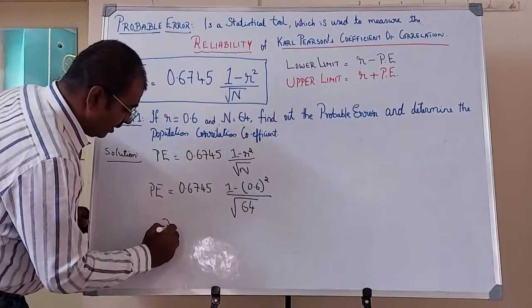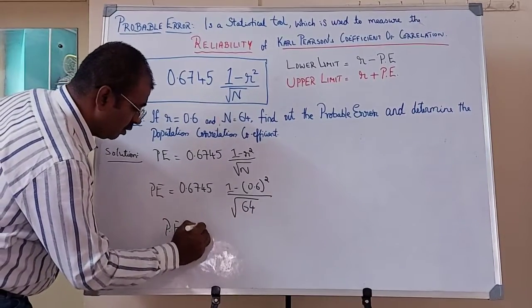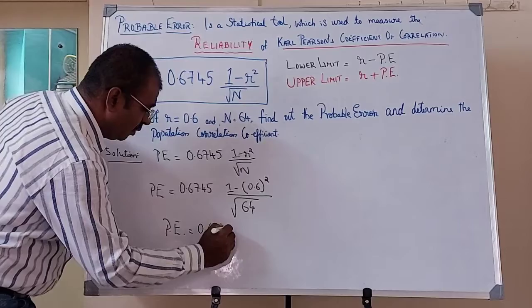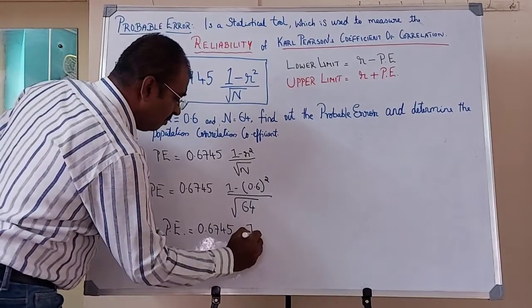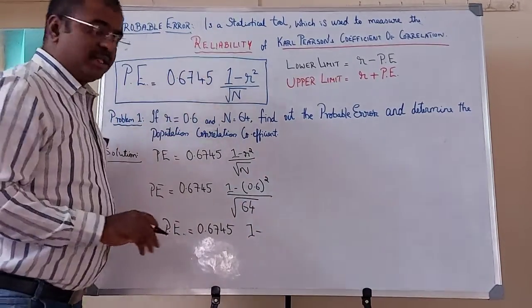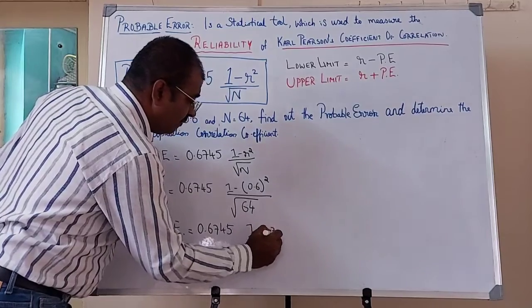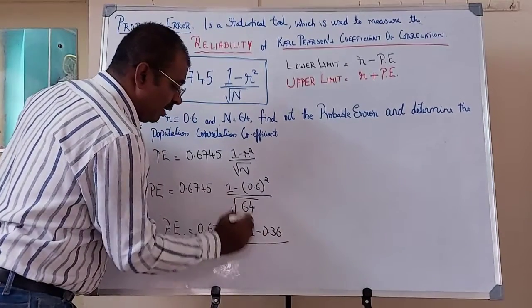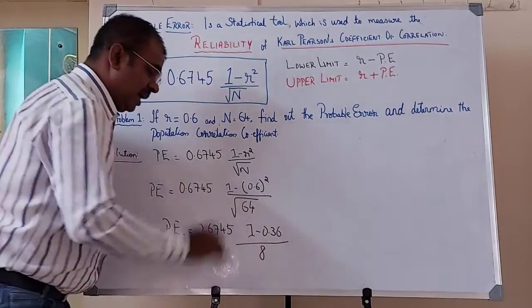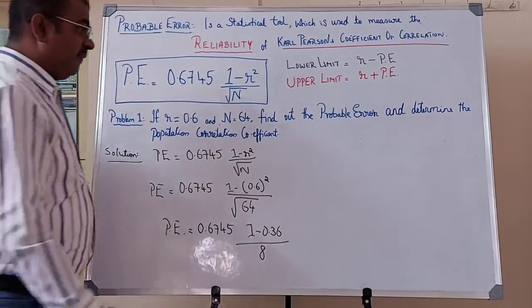So probable error is equal to 0.6745 into (1 minus 0.6 the whole square) is 0.36, and square root of 64 is 8. 8 8s are 64.